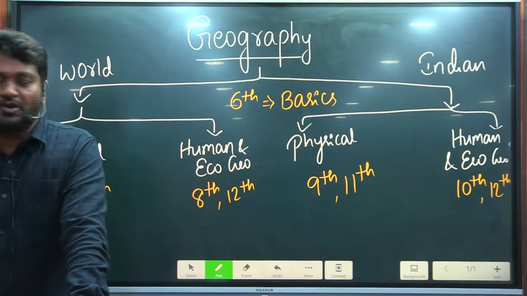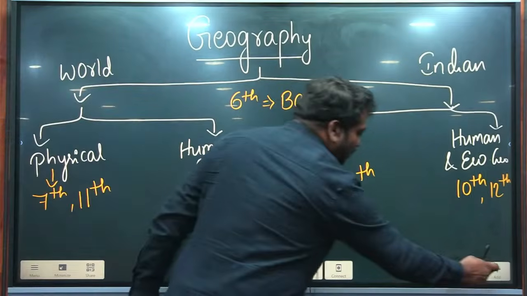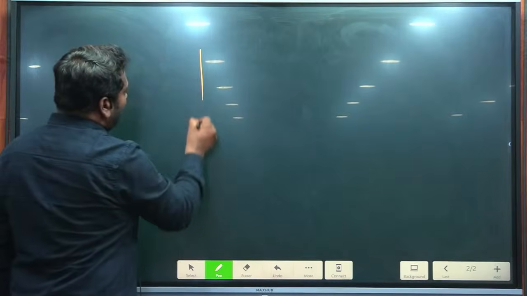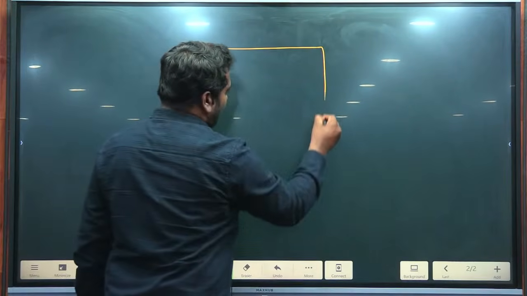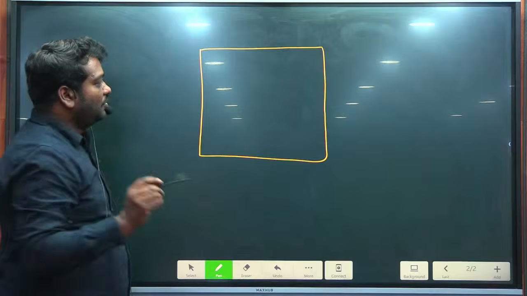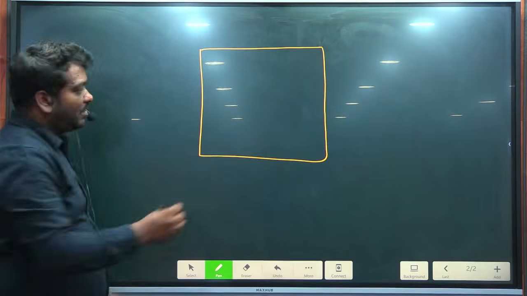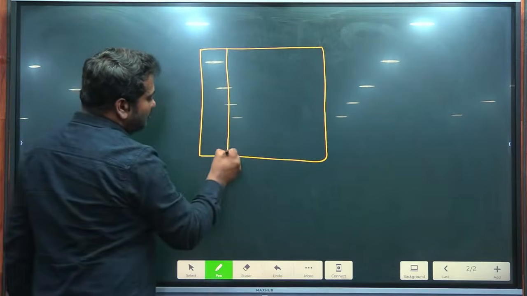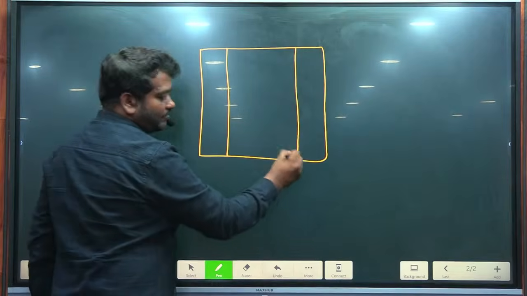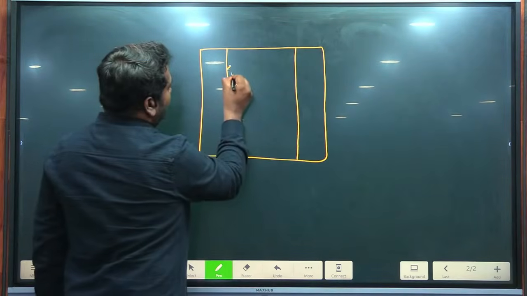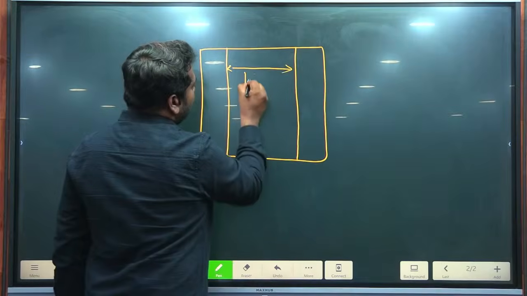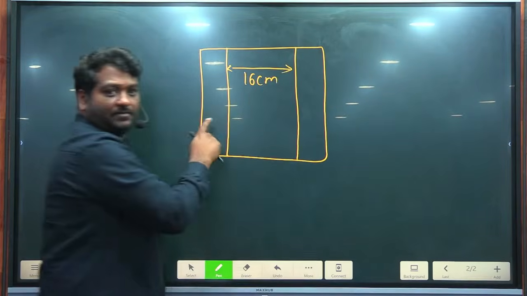Okay, so what you should do with notes: I hope you are aware, if you take a UPSC paper, have you seen? Two sides would be there. The place between this is 16 centimeters.